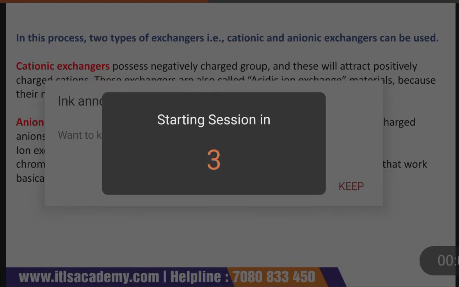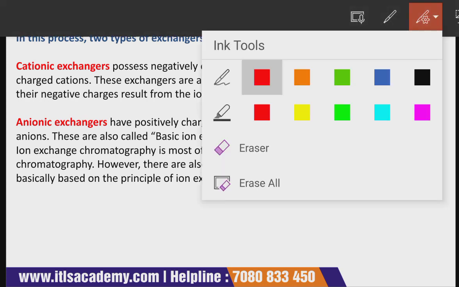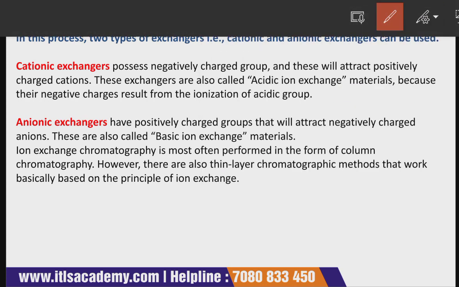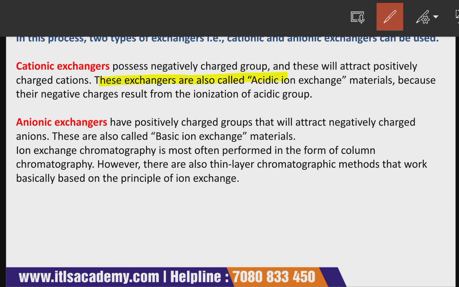The question generally asked is: why are these cationic exchangers known as acidic ion exchangers?